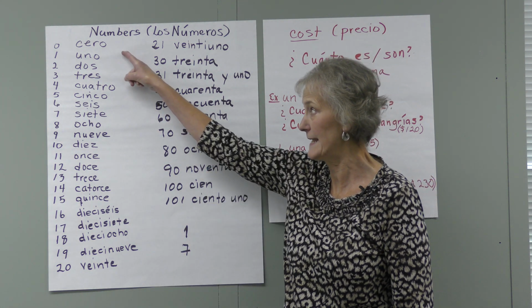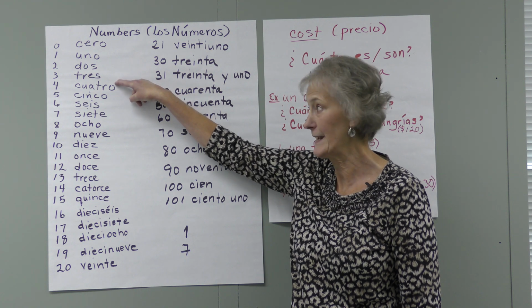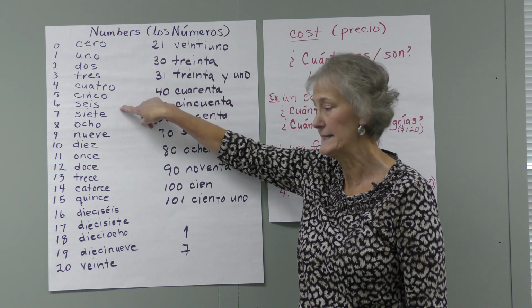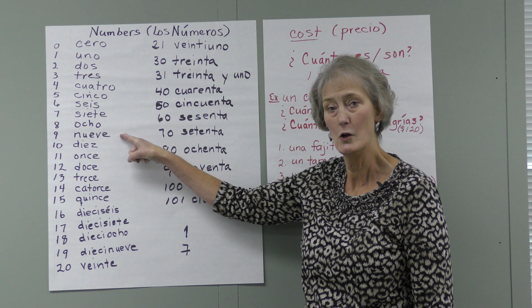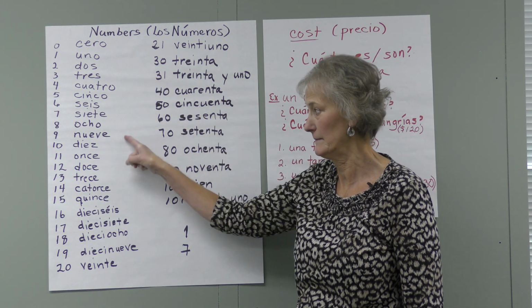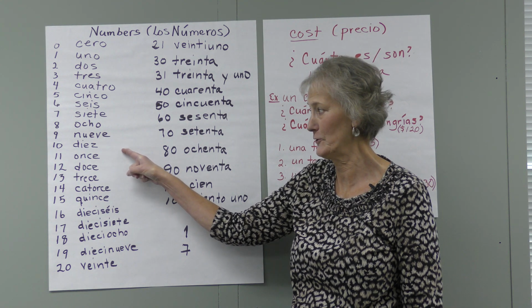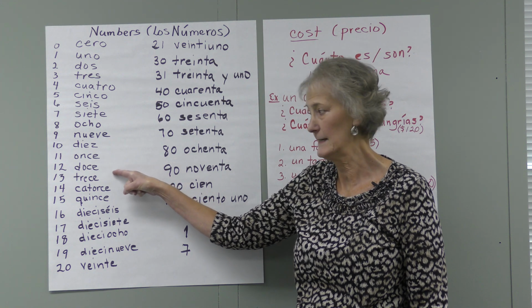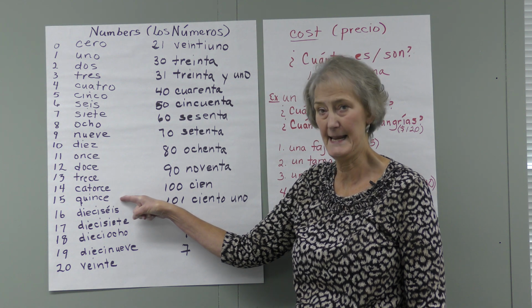So we have 0, 1, 2, 3, 4, 5, 6, 7, 8, 9, 10. Usually people learn 1 to 10 and then beyond that it gets a little harder. 11, 12, 13, 14, 15.